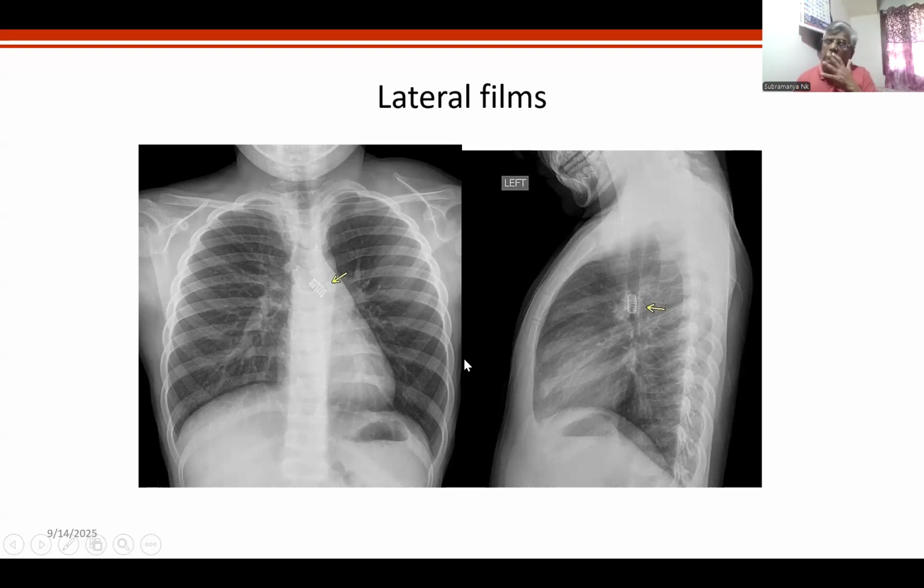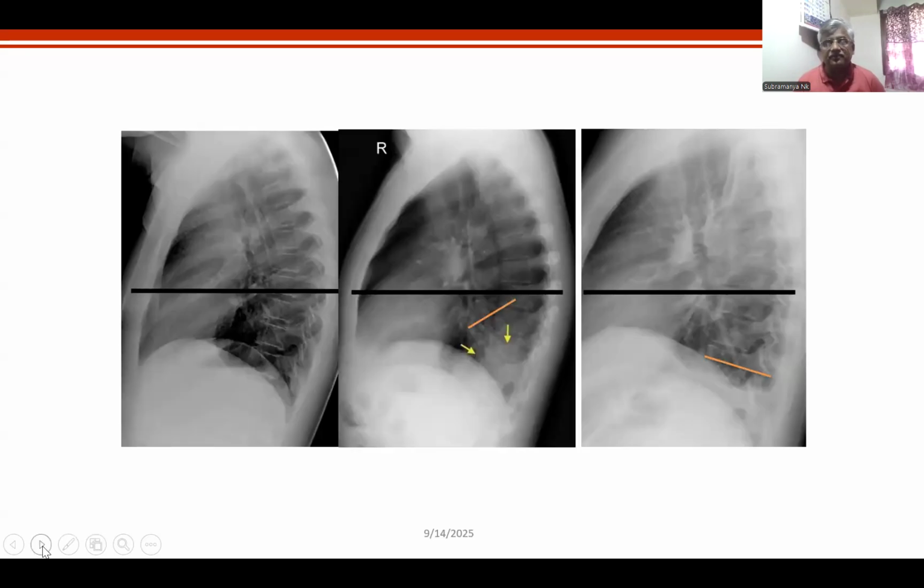It's not that important, but sometimes the lateral helps you, especially in radiopaque lesions. You wanted to know where the lesion is, stab wound, surgical. It is more not for infections, please understand, but sometimes it helps. And I gave you the perfect indication for a lateral film. This is a perfect lateral film that you would see.